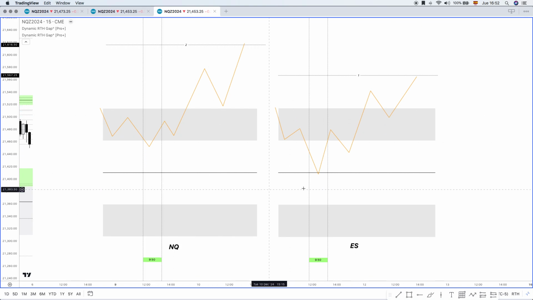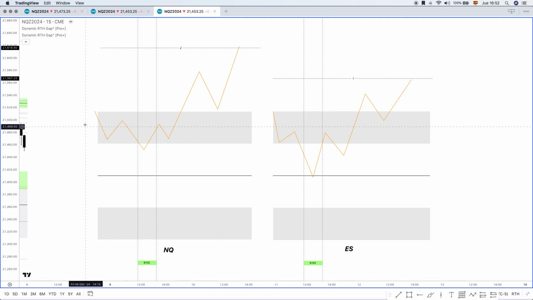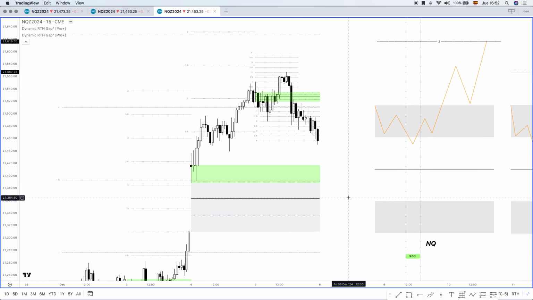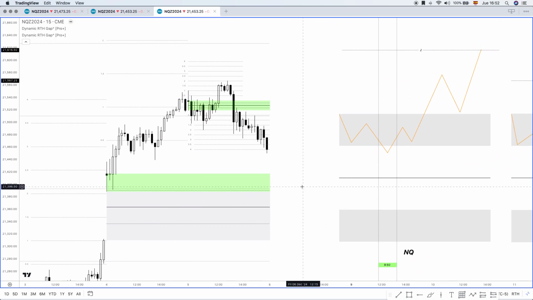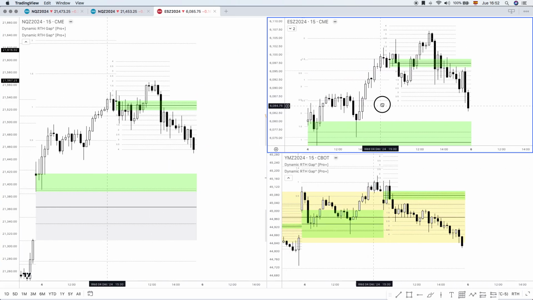So this is another way to look for a cracking correlation in price comparison, the strength that the market has, measuring with the gap, within the gap, the quadrants, the consequent encroachment, and so on. Okay, so let's see some examples and you will see why it's so important for me.